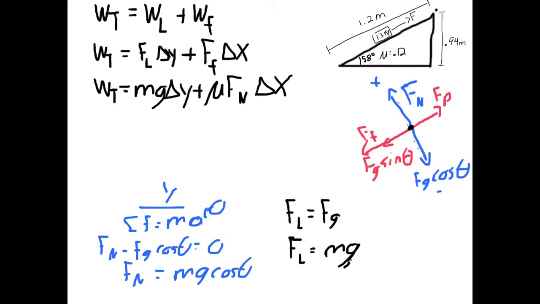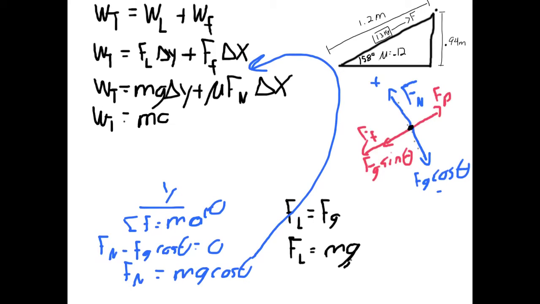All right, so now that I know this, I can substitute it in, and I'll know everything that I could possibly need here. Total work is going to equal mg delta y, that's the work needed as if we were lifting it straight up, plus the work that friction steals, mu mg cosine theta times delta x.